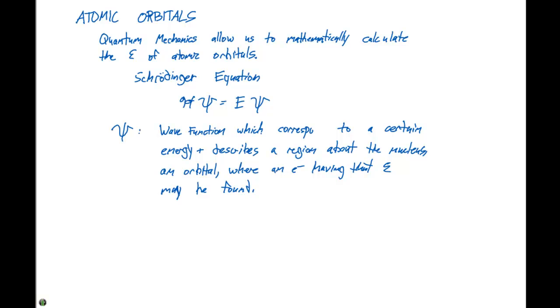So what the Schrödinger equation allows us to do is look at representations of these orbitals. The different types of orbitals are the s, the p, the d, and the f. There's one type of s orbital, 3 types of p, 5 types of d, and 7 types of f.